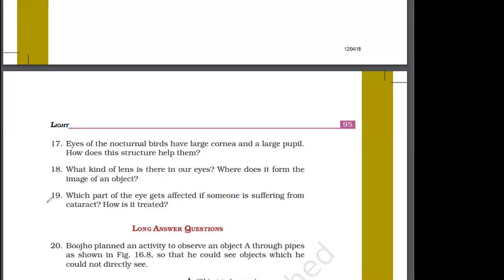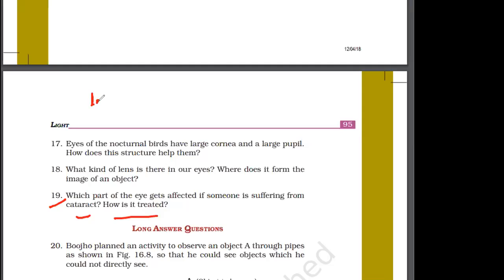19th, which part of the eye gets affected if someone is suffering from cataract? How is it treated? Tell me. Which part of the eye? Yes, very good.